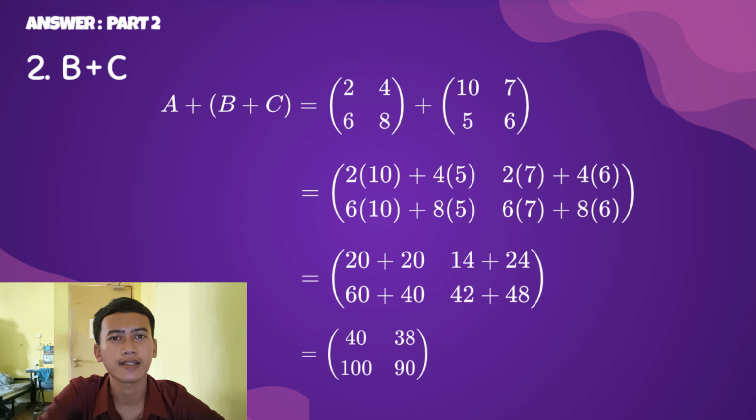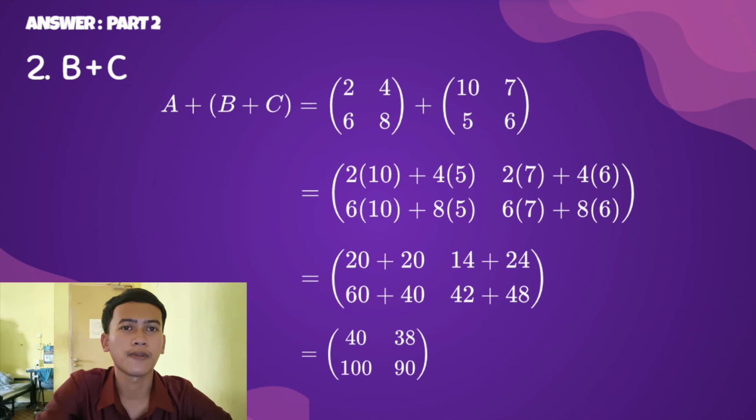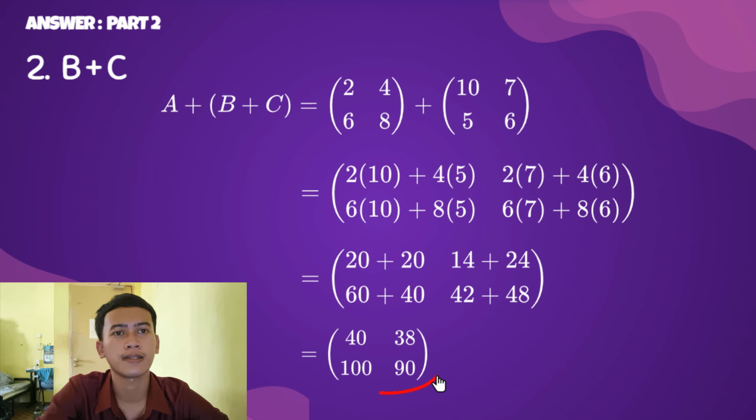So next it will be 20 plus 20, 60 plus 40, 14 plus 24, and last 42 plus 48. So the final result is 40, 38, 100, 90 in bracket. That will be the answer.